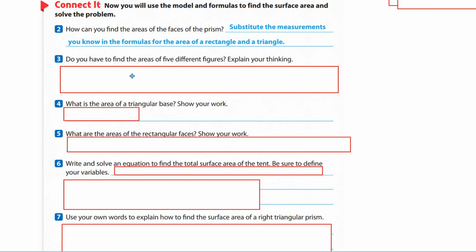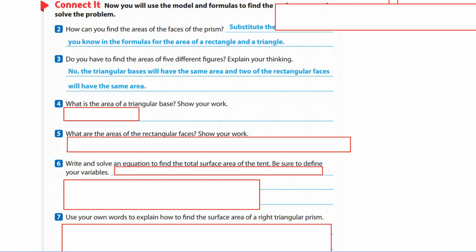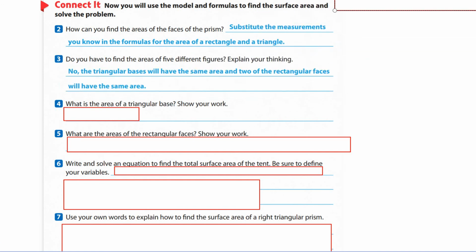Question 3. Do you have to find the areas of 5 different figures? And explain your thinking. Well, the answer is no. Think about that. The triangular bases will have the same area, and 2 of the rectangular faces will have the same area.